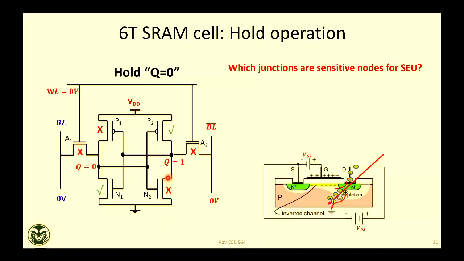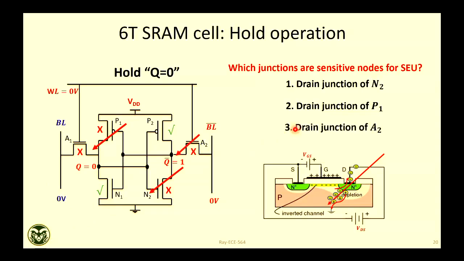So this junction will discharge this Q, and only this junction will charge this Q. So these are the three critical junctions. Drain of N2, drain of P1, because P1 will charge, right? If this node gets charged because of the strike, then also there is an upset. And third is drain of A2. So these are the three critical junctions.